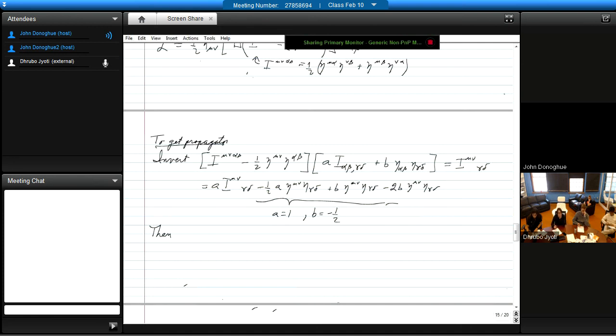If I define my propagator, D alpha beta gamma delta as a function of x, as the integral d4q over 2 pi to the 4th, actually, let's make it d cubed because that's what I tend to use here, e to the minus i q dot x over q squared, and P alpha beta gamma delta is going to be this tensor.